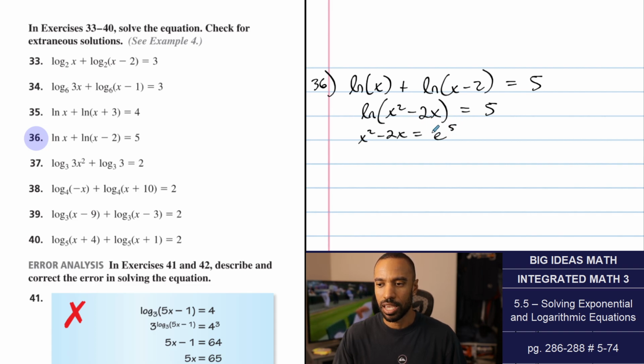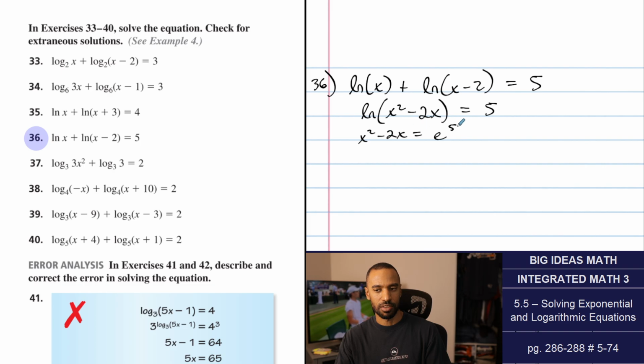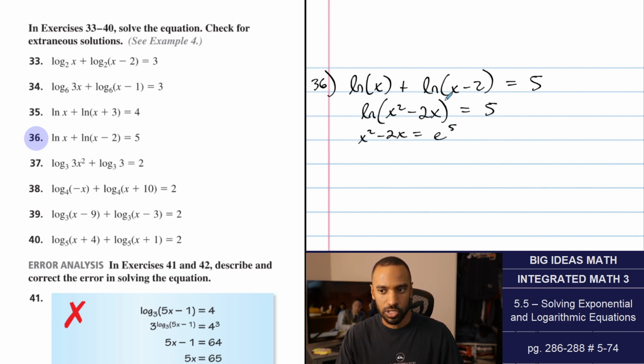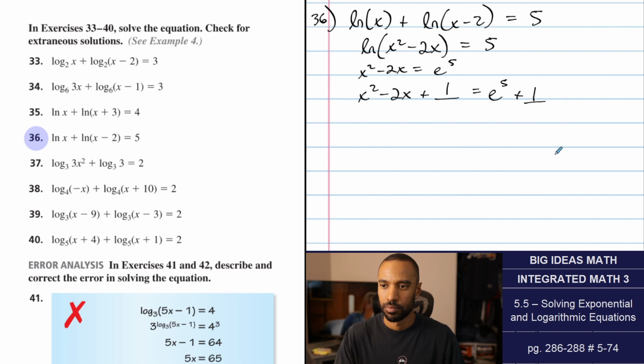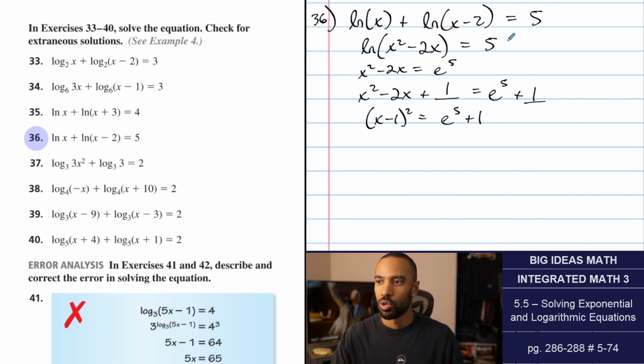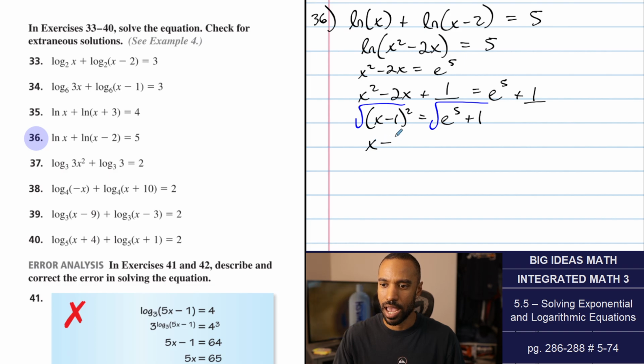Now, I'm actually in the good stage of completing the square. That's an even number, and I'll leave this on this side over here. So I'm going to say x squared minus 2x plus 1 equals e to the fifth plus 1. That completes the square. This factors into x minus 1 quantity squared here. We get to take the square root of both sides, and we got a plus or minus going on here. x minus 1 equals plus or minus square root of e to the fifth plus 1.